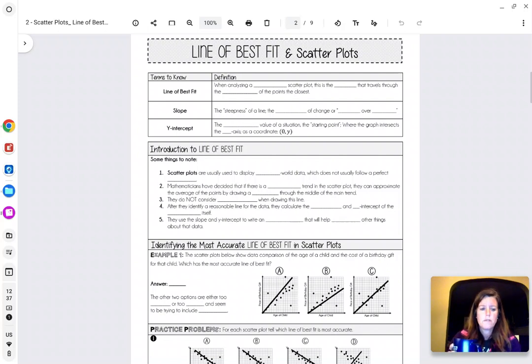With a line of best fit, you're trying to connect the dots the best way you can, where it makes sense and where it covers the most ground. You will need to use rulers when you're doing line of best fit, because it's easier to get a straight line.